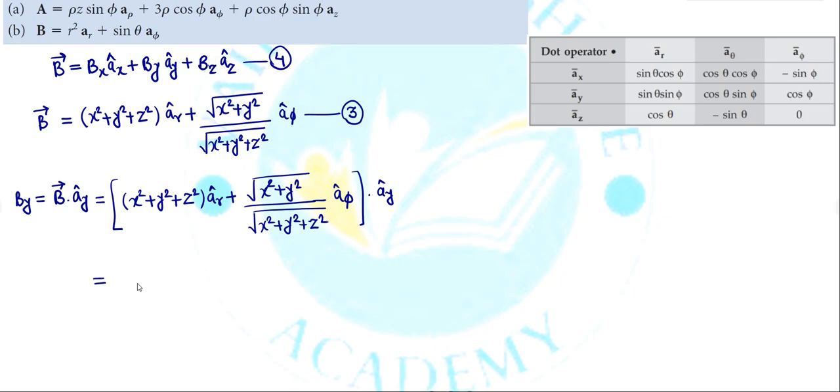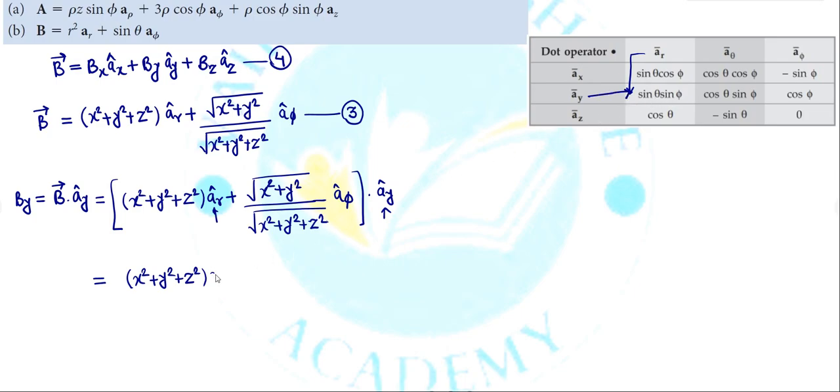So we have x square plus y square plus z square. Now the dot product in between that AR and AY. So this is what we have, AR and AY over here. So what is that? Sin theta, sin phi.